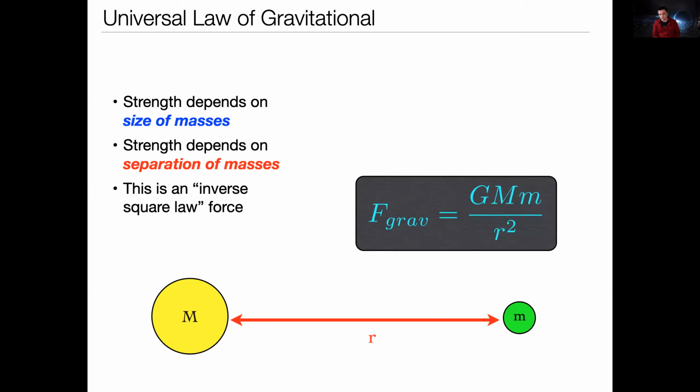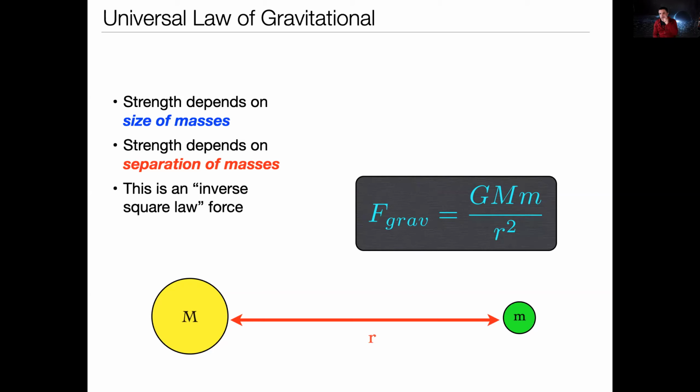It's a fraction, and it is this number G times the mass of the big planet, in kilograms, times the mass of the other mass, in kilograms, divided by the distance squared in meters.